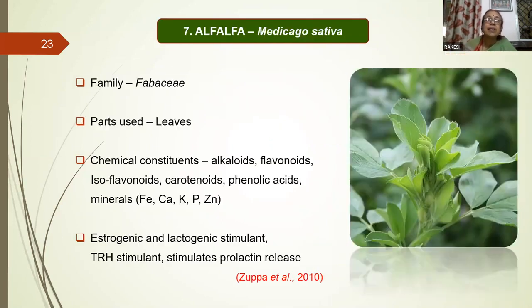Next plant is alfalfa, also known as Medicago sativa, family Fabaceae. The parts used are leaves. The plant contains alkaloids, flavonoids, isoflavonoids, carotenoids, phenolic acids, and minerals such as iron, calcium, potassium, phosphorus, and zinc.